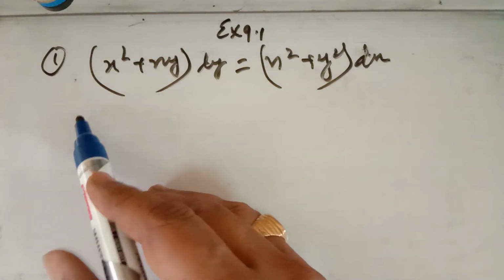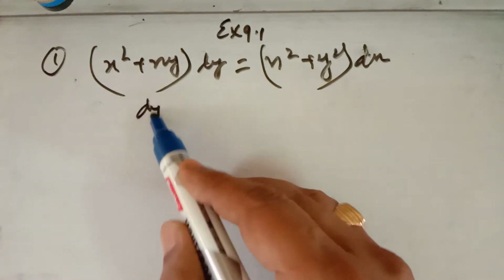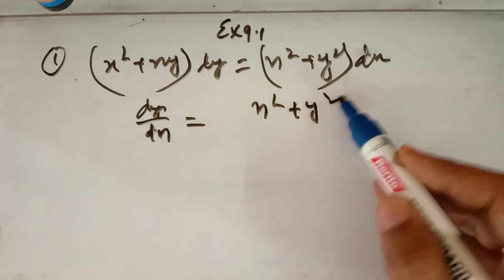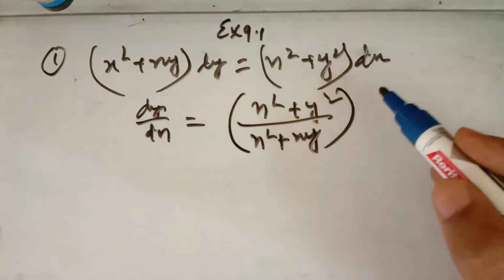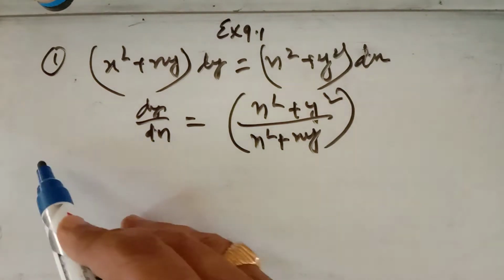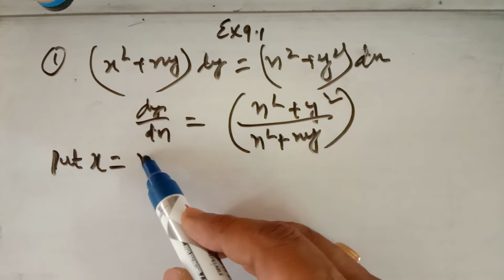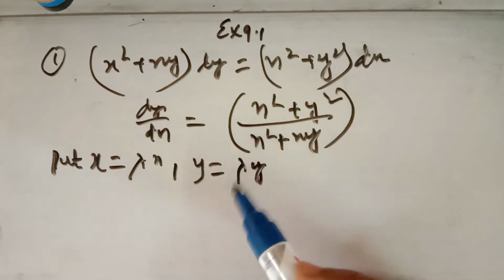Now if you replace x by λx and y by λy in the given equation, and if it is equal to λ to the power n f(x,y), then it is a homogeneous differential equation.